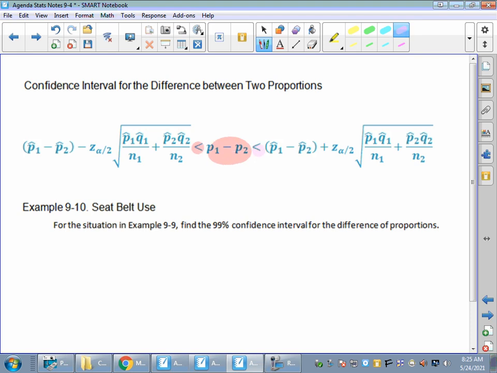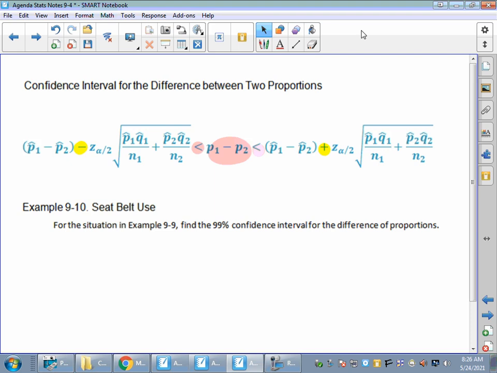So the only difference between these two sides is it's going to be the difference of our p hats, plus and minus our z critical value times that square root of, this is lovely, make sure you get it written down, p hat 1 times q hat 1 over the sample size of sample 1 plus p hat 2 times q hat 2 over the sample size of the second sample.